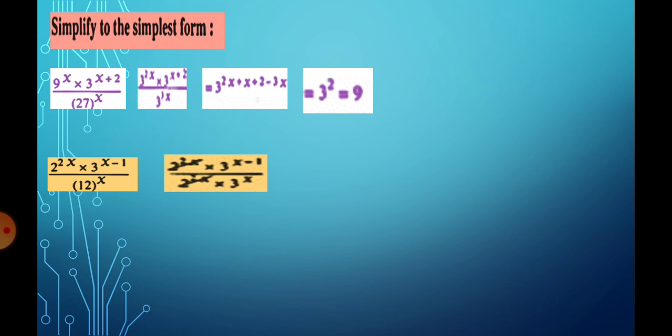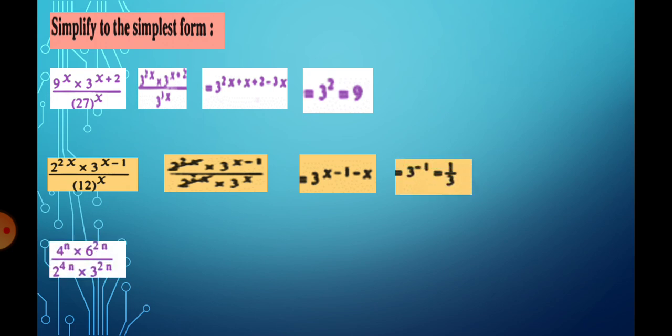We can cancel 2 to the power 2x with 2 to the power 2x, or we write 2 to the power 2x minus 2x, 2 to the power 0 equals 1. And the answer equals 3 to the power x minus 1 minus x. It will be 3 to the power negative 1 equals 1 over 3.